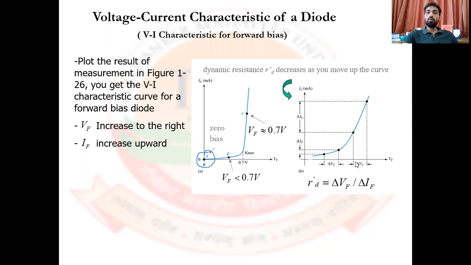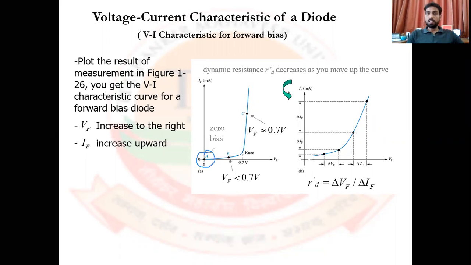And further, if you go on increasing, you will see the change in voltage drop is almost reducing, but the change in current is increasing. So in this third state, we see that the resistance is now decreasing and the current is increasing. That is a very common phenomenon.